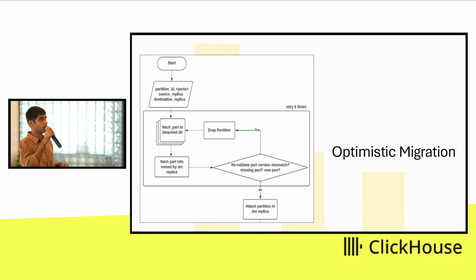If the answer to any of these questions is yes, we drop the partition which was moved entirely on the destination and retry it. We call this optimistic migration because essentially we are optimistic about the fact that whatever partition we have selected is not going to be mutated or updated. And in the event it does, we are just going to retry.